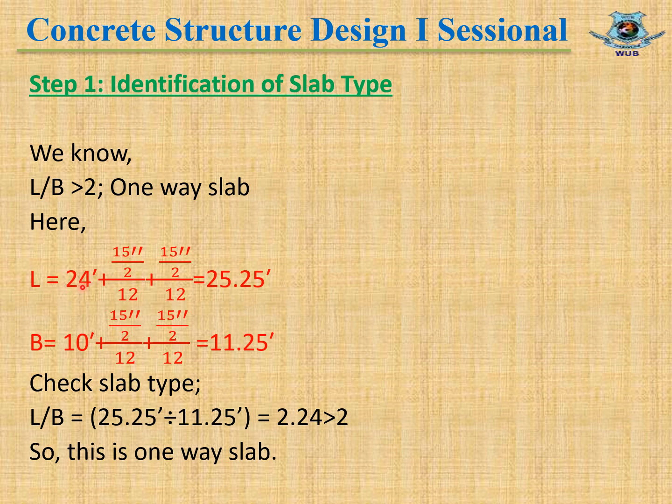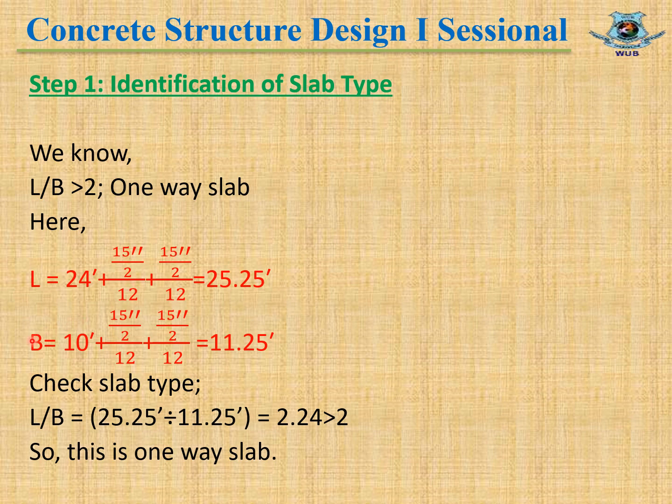Here, 24 feet equal to clear span. 15/2 inch equal to half of the column length and it is converted into feet by dividing by 12. For two columns, 15/2 inch is used 2 times.